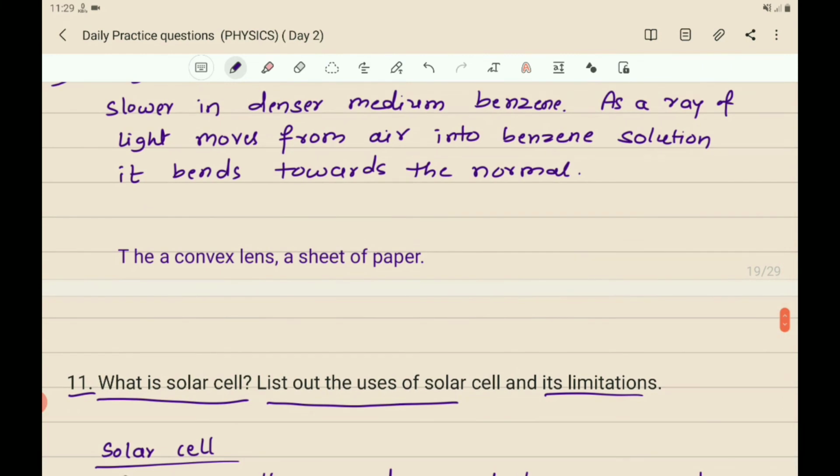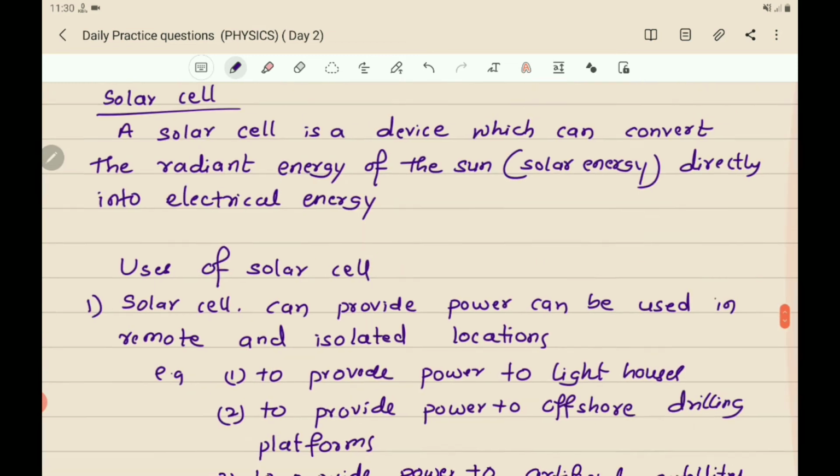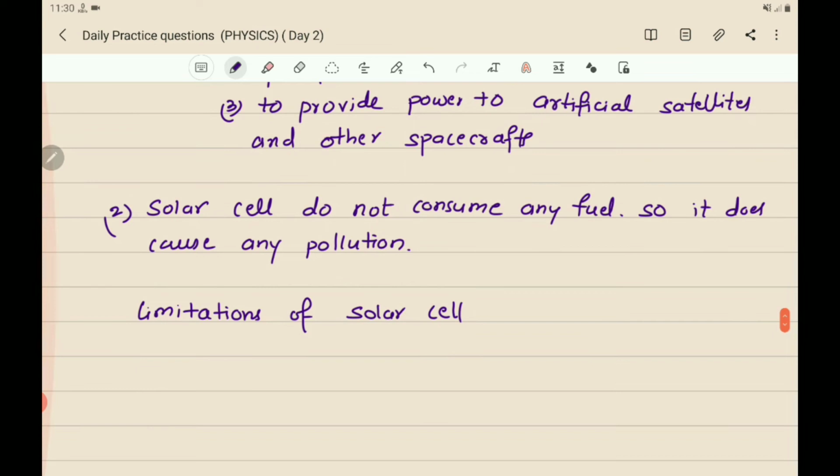Then next about the limitations. So what are the limitations? So you write limitations of solar cell.